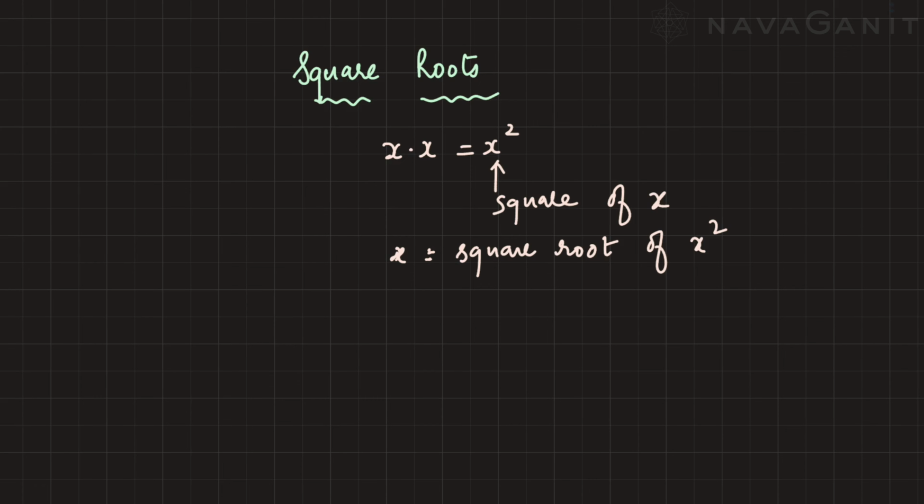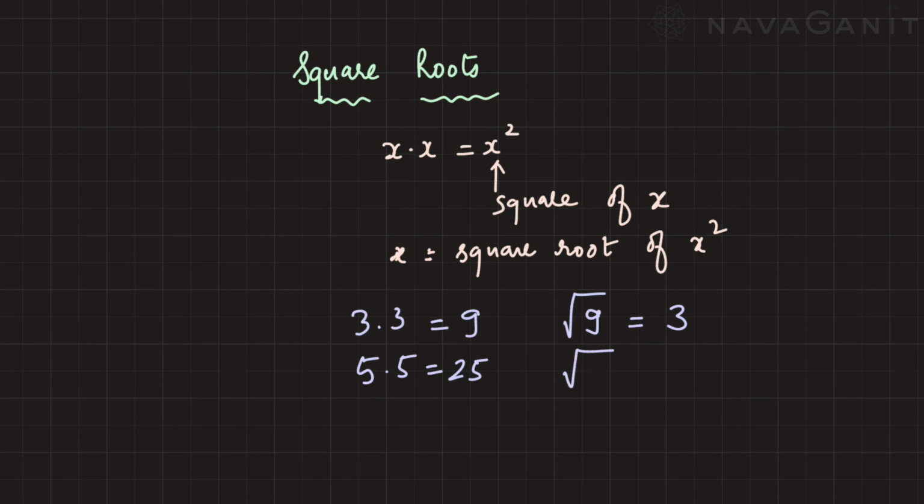So for example, say we have 3 multiplied by 3 is 9. So 9 is called the square of 3 and 3 is called the square root of 9. So we commonly write it like this, square root. So square root of 9 is 3. Similarly, say I have 5 multiplied by 5 is 25.